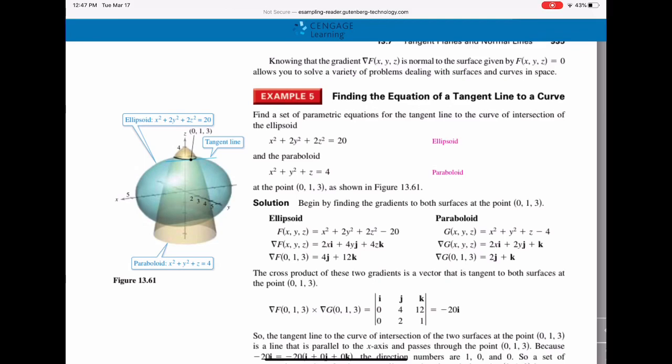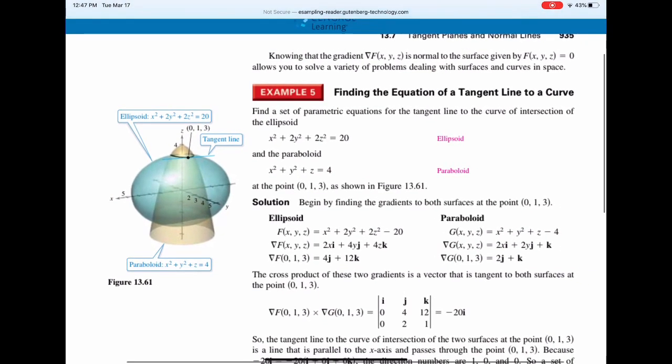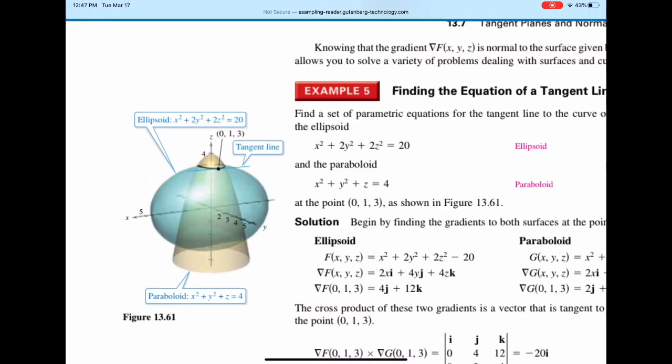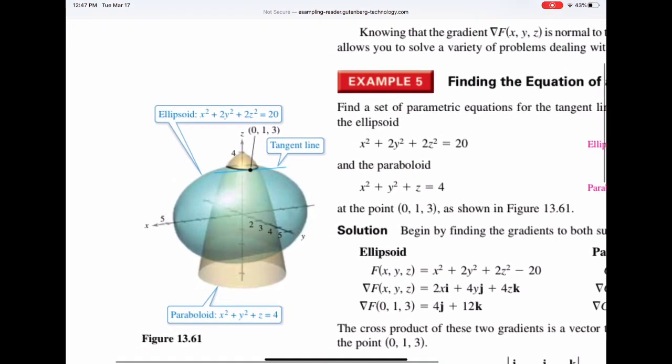So in this situation, they give us two surfaces, and two surfaces will intersect by a curve, right? You can see from here, by some curve in here, and they ask us to find the tangent line to this curve at a given point.